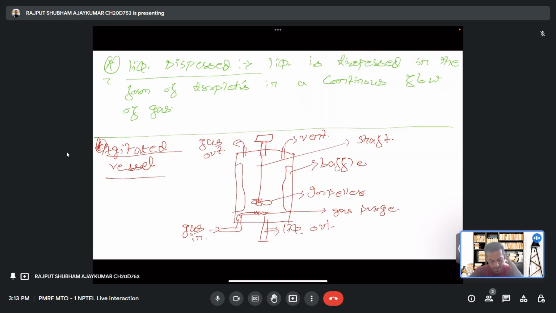Okay, so these are some of the major different parts. Now the types of impellers: there are different types of impellers that have been used in the agitated vessels, and these things you have to remember. Types of impellers in agitated vessels.